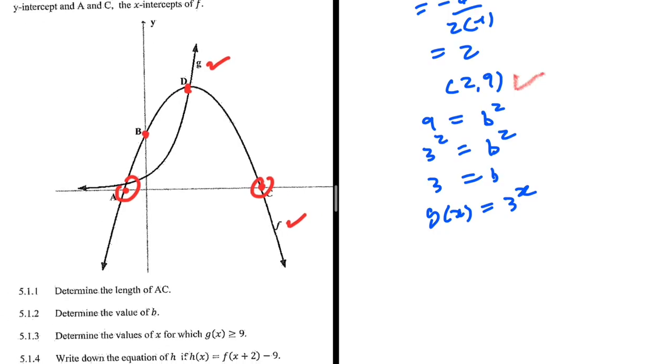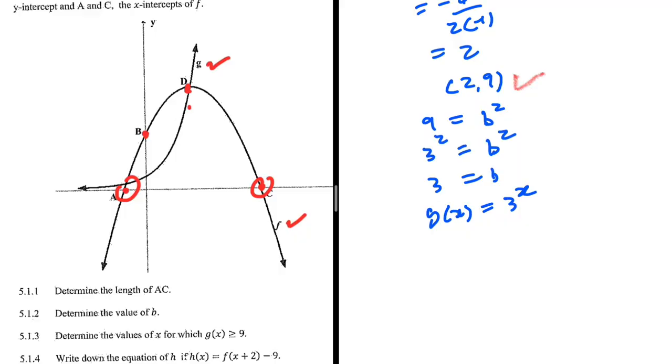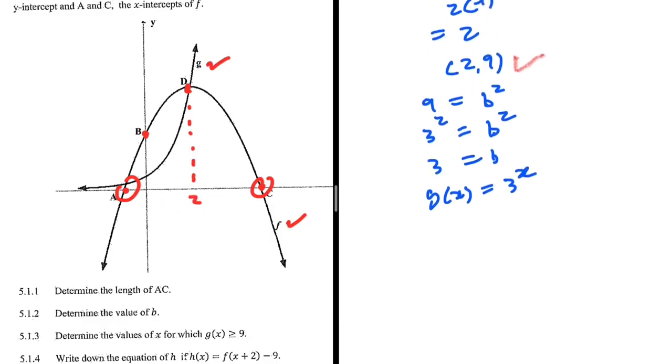Then 5.1.3, determine the values of x for which g of x is greater than or equal to 9. Well, we don't need to calculate anything here. We can just see. When x is equal to 2, g of x is equal to 9.